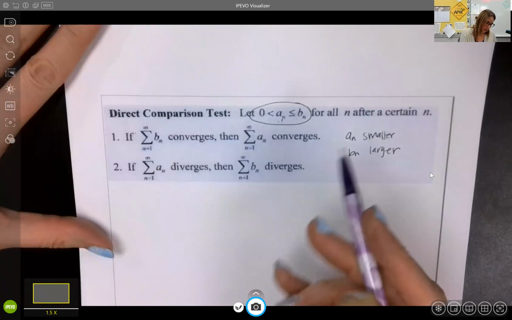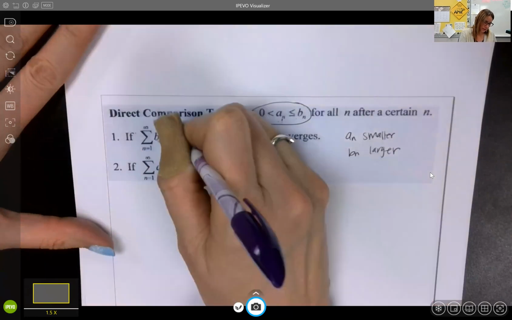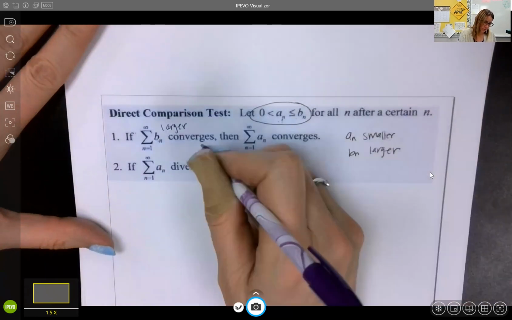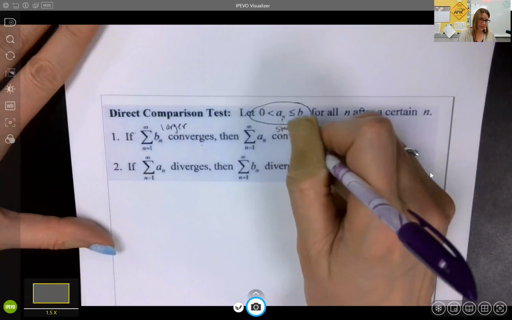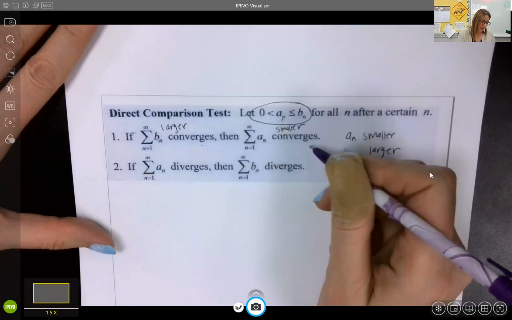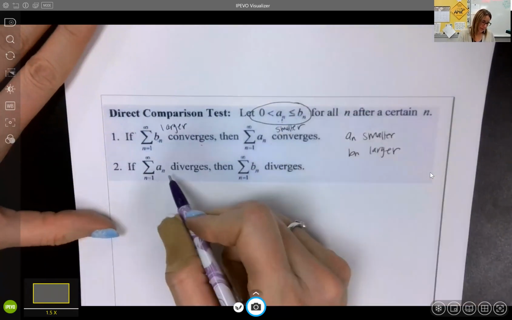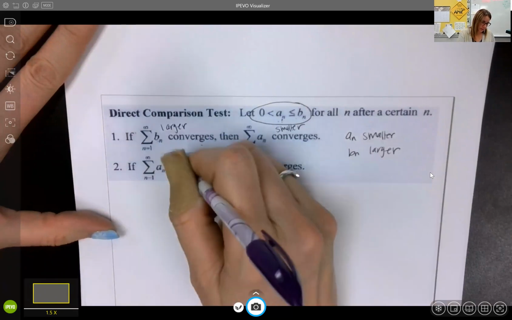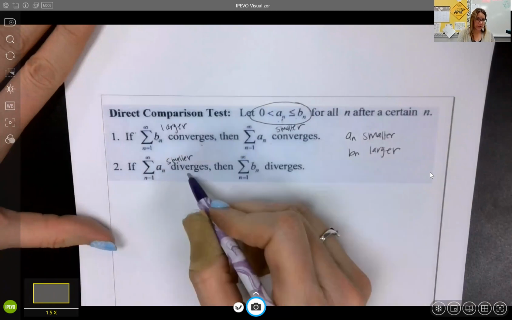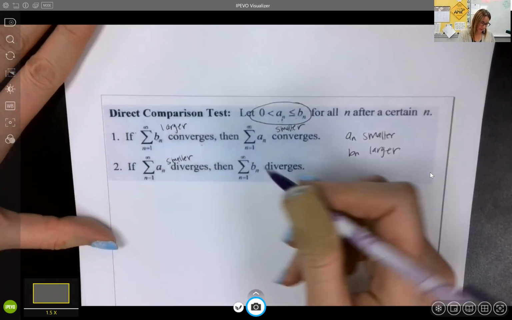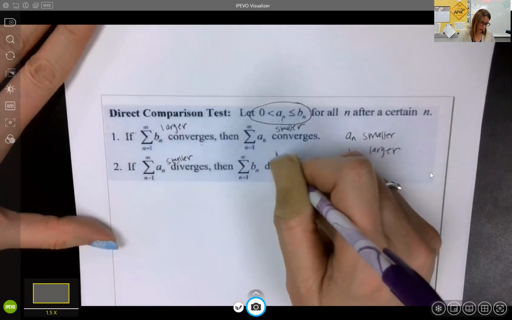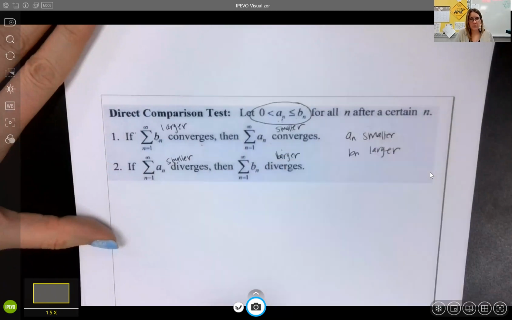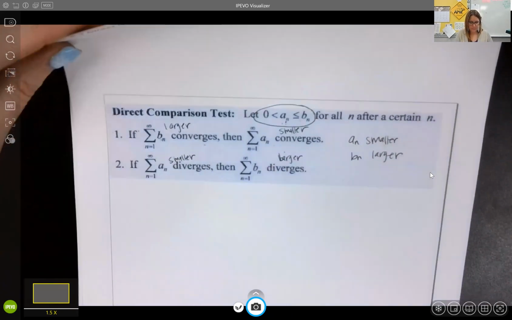So bn's larger, it converges, so a smaller one would also have to converge. Then if an, remember an is smaller, if the smaller one diverges, then I know for sure the bigger one, larger, is also going to diverge, okay?